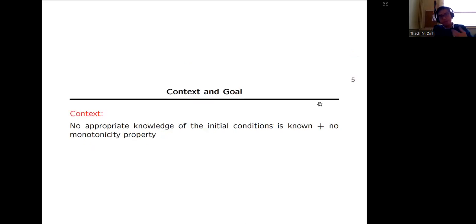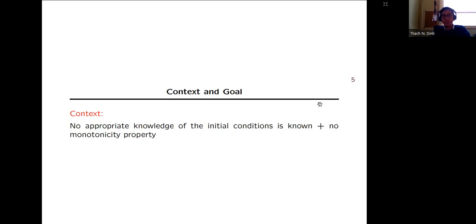I will make clear the context and the goal of my research. The context here is quite different from normal. Here I suppose that we have no appropriate knowledge of the initial conditions, and we have no monotonicity property.